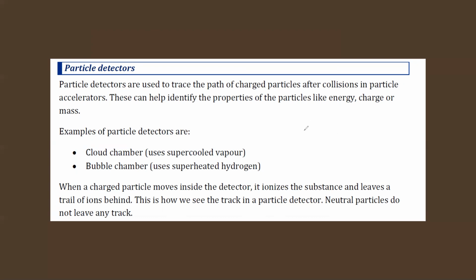In both cases, when a charged particle, not a neutral one, enters a region, it causes ionization. Ionization means they knock out the electron. When they knock out the electron, energy is emitted, and we can trace this energy which is emitted out, and we can sketch a path through which the particle is moving.